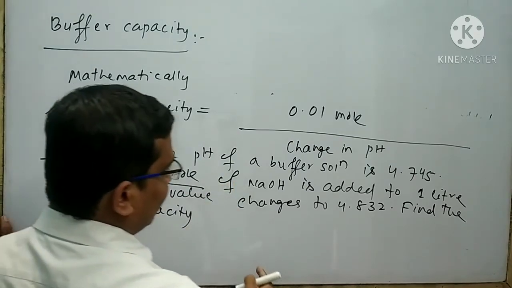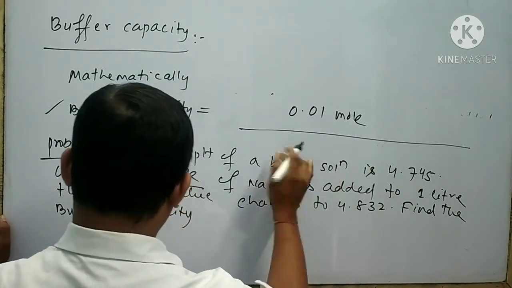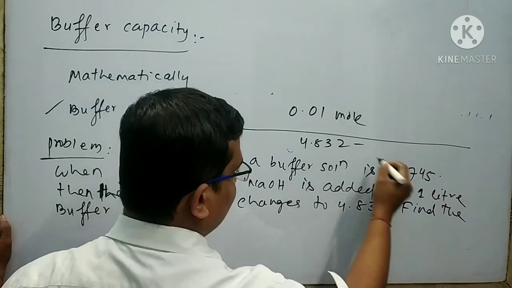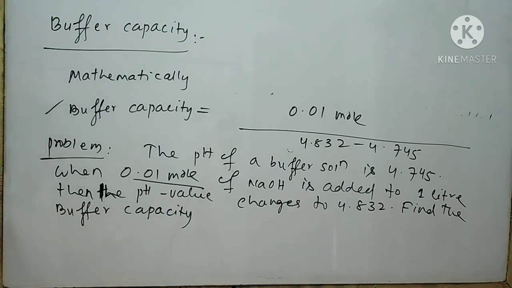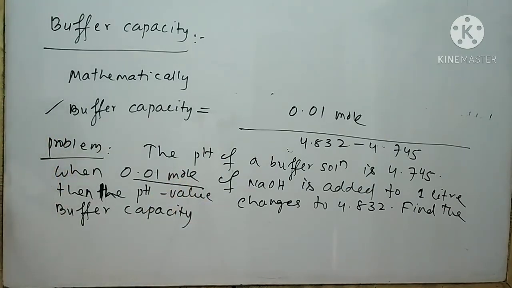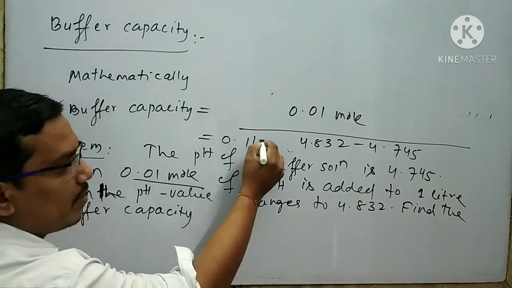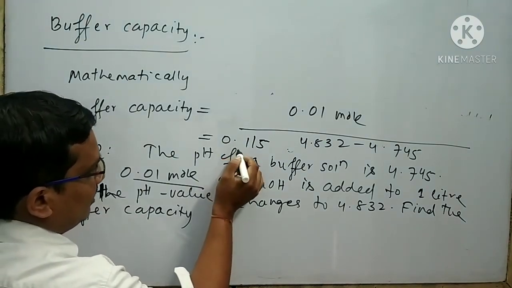The change in pH is 4.832 minus 4.745. After calculation, the buffer capacity of this buffer solution is 0.115. In our question, the buffer capacity of the buffer solution is 0.115.